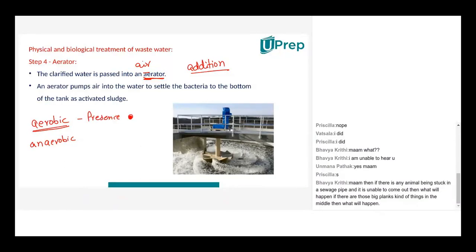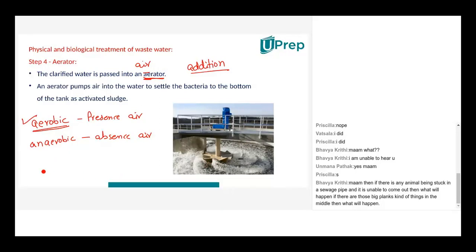If there is air, they will break down the particles very fast and they have very high potential. And anaerobic bacteria work very well in the absence of air. But in this case, we have used Hay bacillus, which is an aerobic bacteria. So we need to give it some air. And the air present in the environment is not enough. We have to add air.